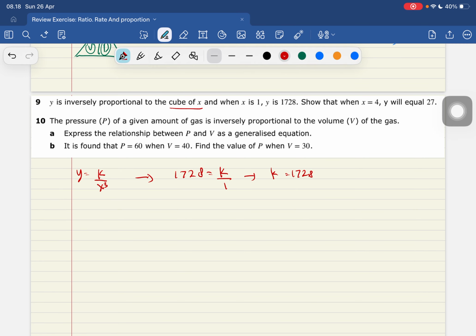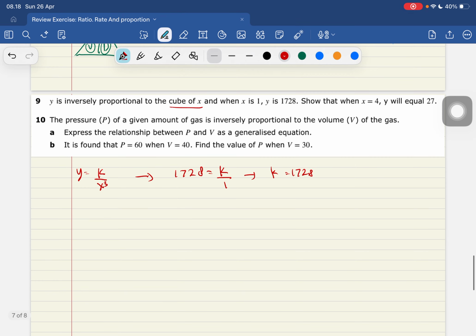Show that when x equals 4, y equals 27. So let's show it. When y equals 27, k is 1728, x is 4, so 4 cubed. So first, let us find 4 cubed.